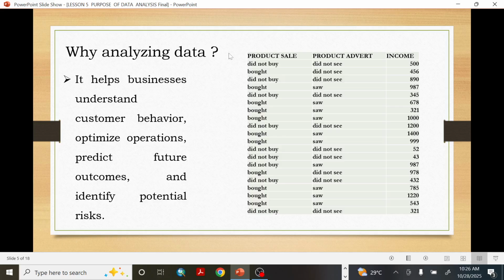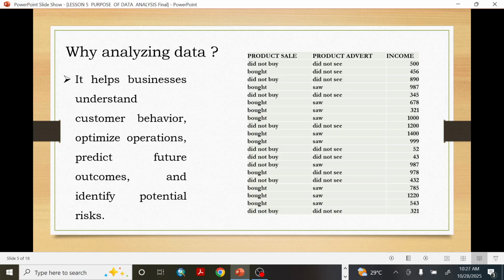The first question was, did you buy the product? The answer is either yes or no. And the other question is, did you see the advert? The answer is yes, I saw, or no, I did not see. And then you have the income. So we want to analyze this data in order to get enough information about the data.